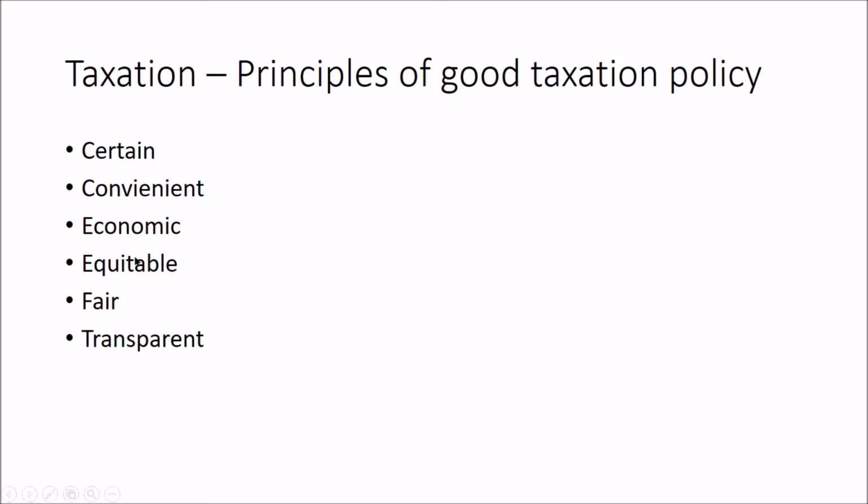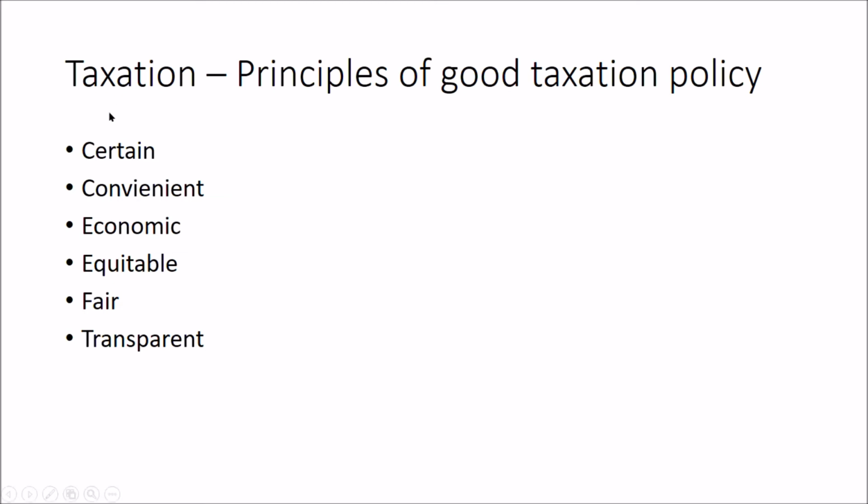So taxes should be progressive and equitable. You and I in the same situation should pay the same tax. They should be fair: income shouldn't be taxed twice, there shouldn't be double taxation. And they should be transparent: individuals' affairs should be transparent, so it's difficult to avoid taxation.